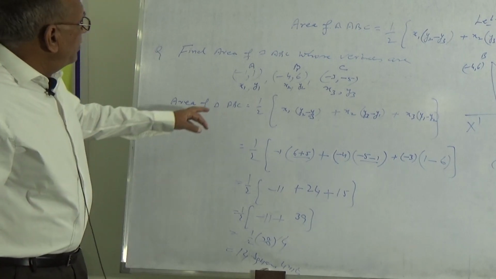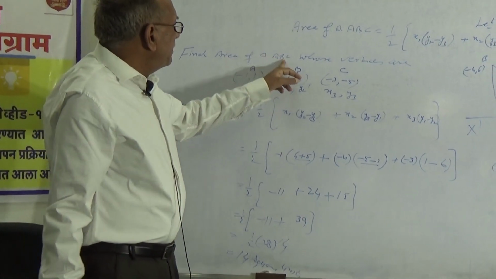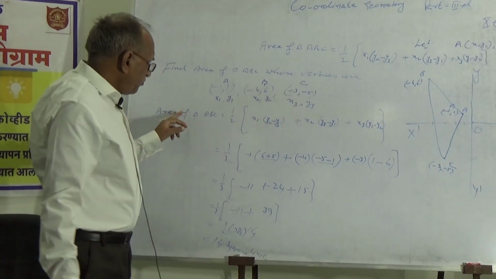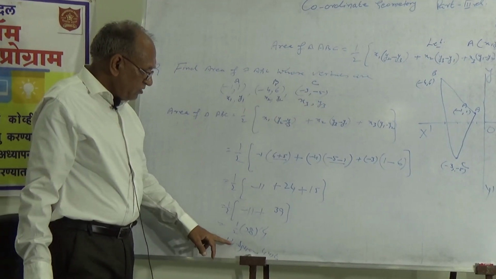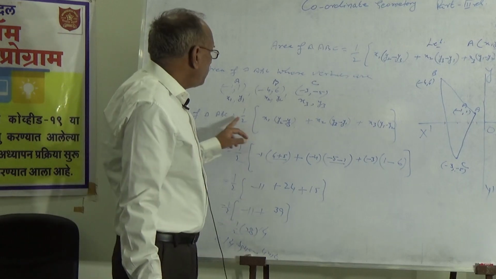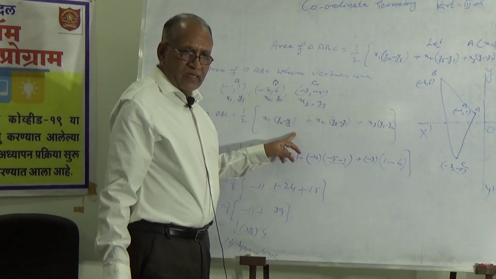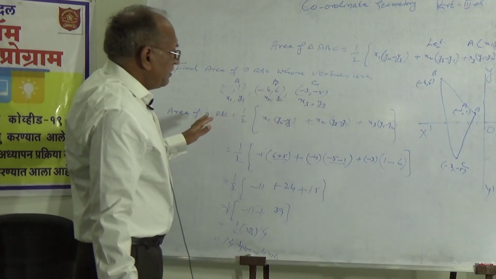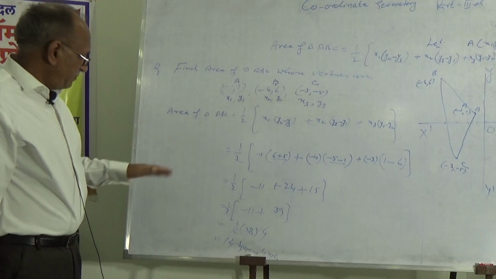Therefore, the area of this triangle ABC whose vertices are A, B, C given, we find area 14 square units with the help of this formula. Likewise, we can solve other questions regarding area of a triangle.